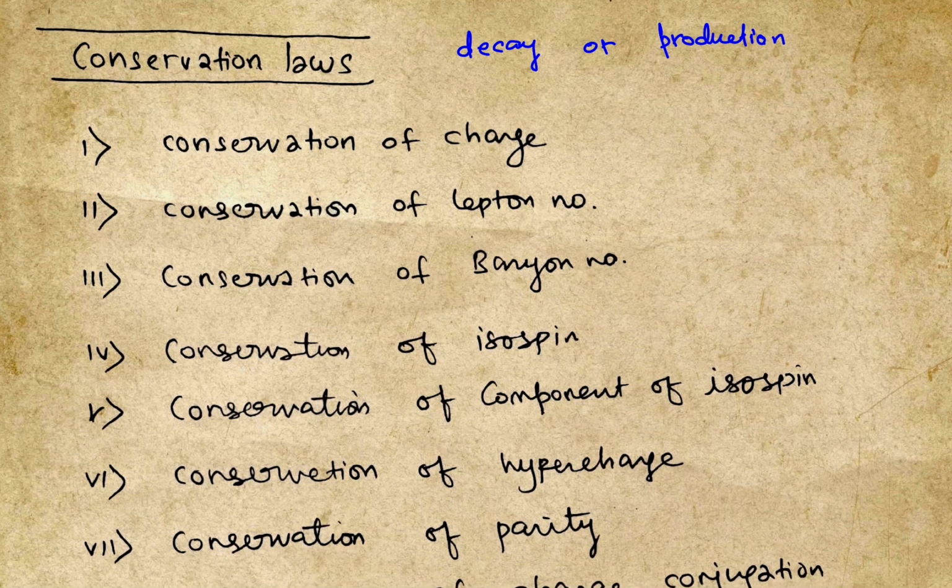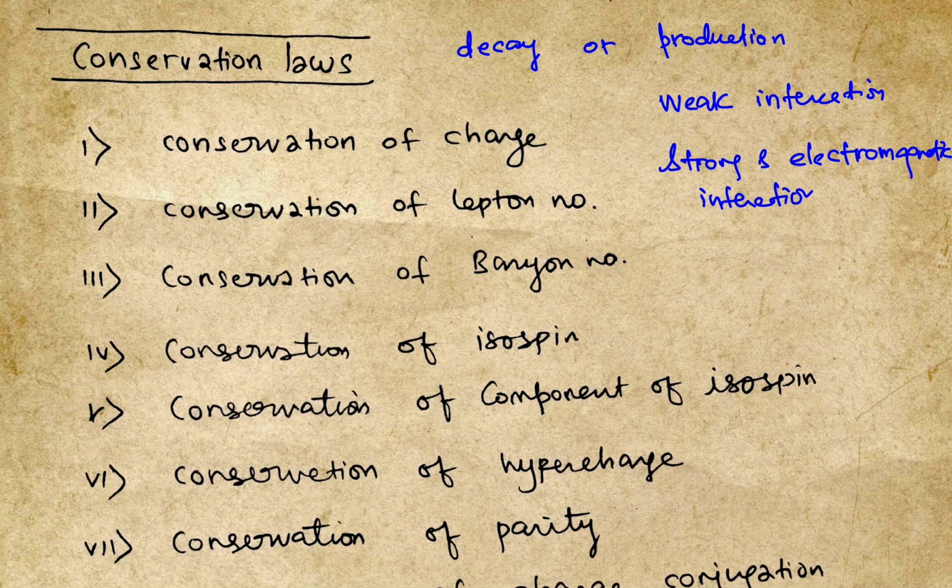Some are applicable only to weak interaction, and others are applicable to strong and electromagnetic interaction. So we'll see it, but right now we are just getting a brief introduction.